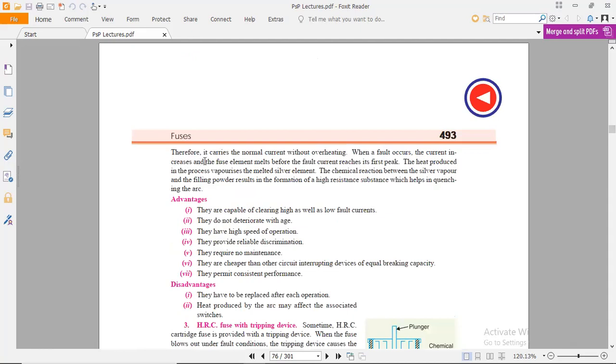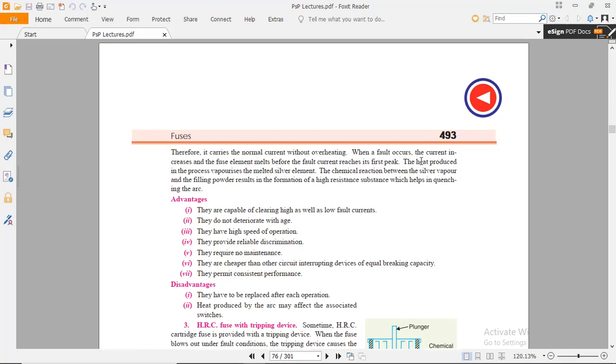Therefore, it carries normal current without overheating. And remember, these HRC fuses are also inserted in the distribution board of the pole mounted transformer, by which the underground cable is connected to the pole mounted transformer PMT, and before that connection it passes in series through the HRC fuse.